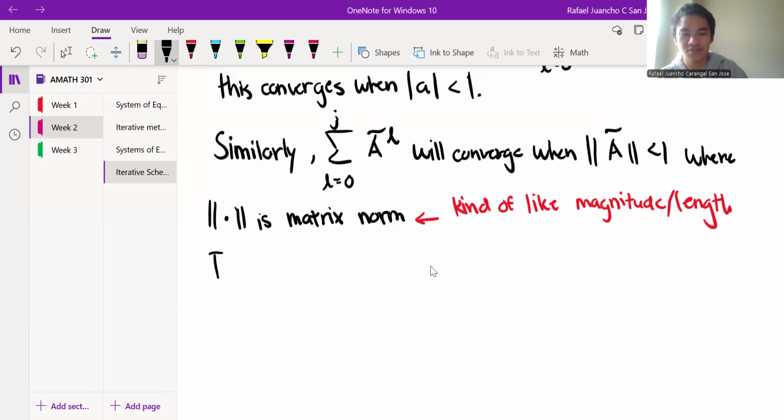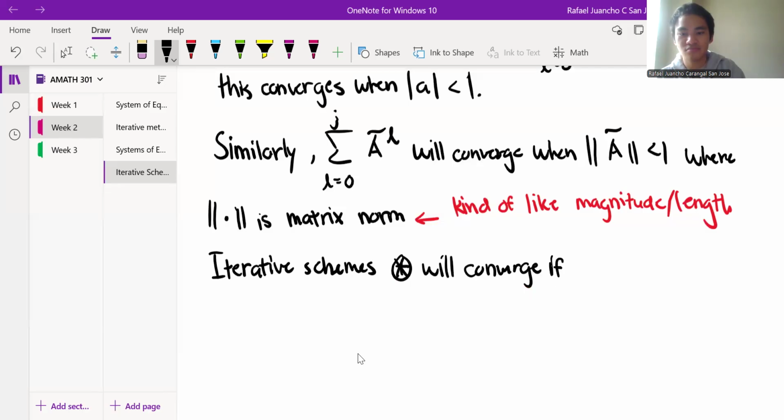Just to end it off, we're gonna talk about how iterative schemes will converge if the matrix A is diagonally dominant, which we did talk about in a recap.